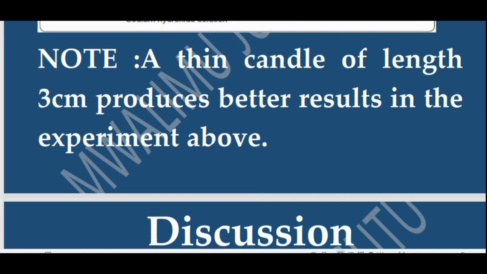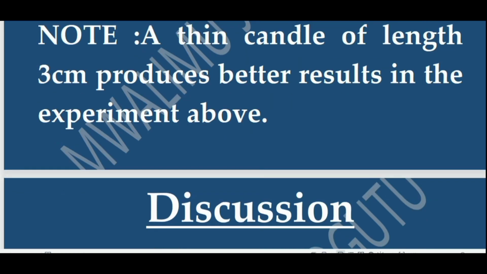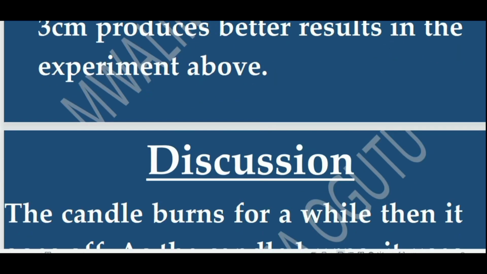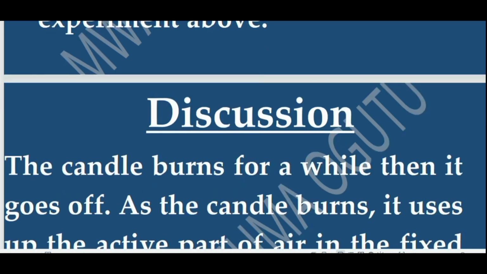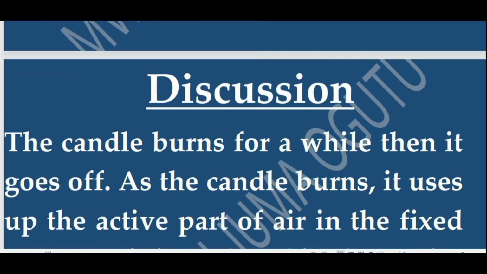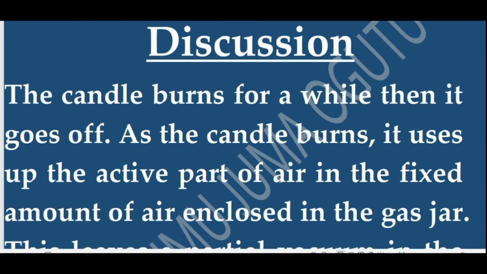Now we go ahead and discuss the observation that we make out of this experiment. The candle burns for a while, then goes off. As the candle burns, it uses up the active part of air in the fixed amount of air enclosed in the gas jar.